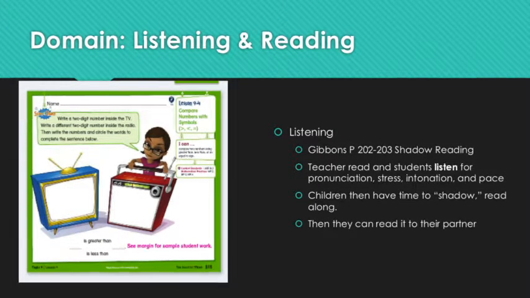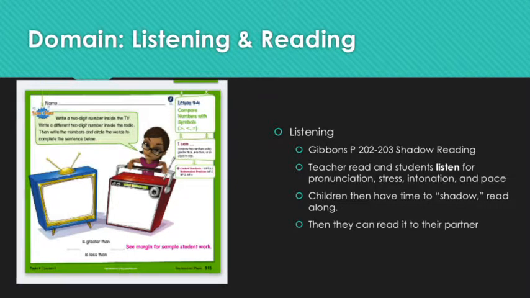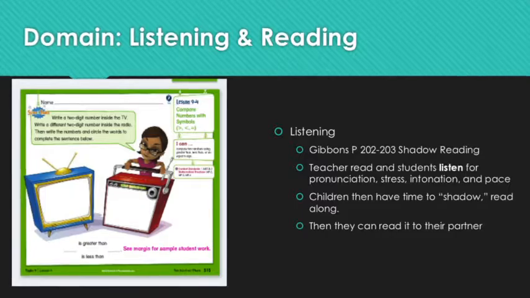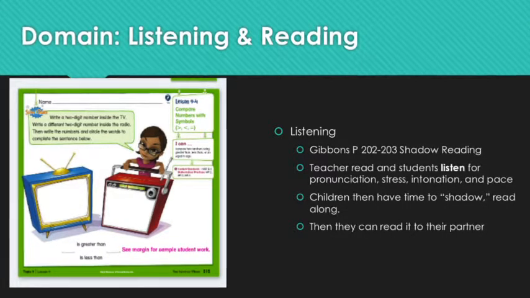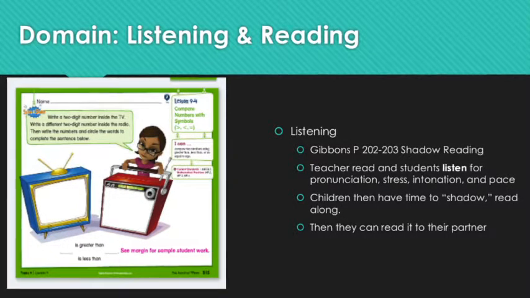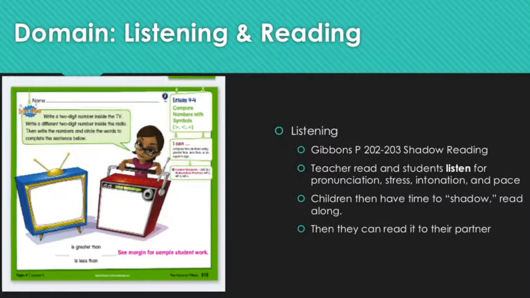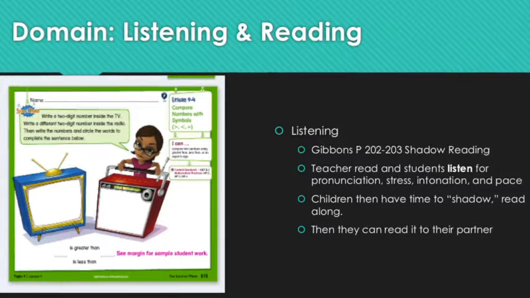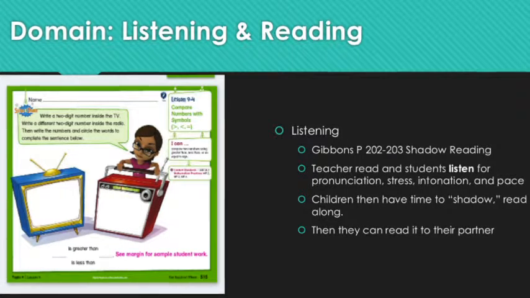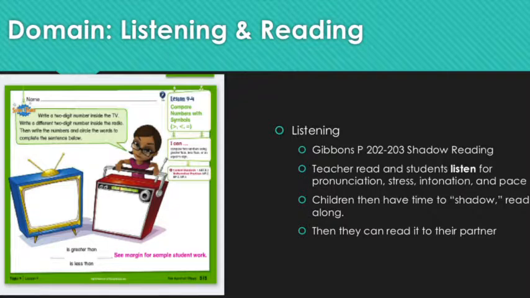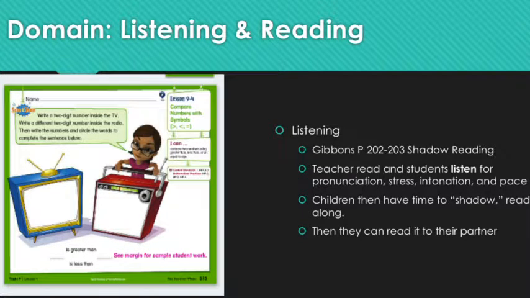And once I would read it, then I would have the children follow along with me, and I would be shadow reading, and they would also listen for the pronunciation, the stress and the intonation, and we would continue a good pace so that they can follow along with me easily. And once they were done following along with me, shadow reading, then they would go ahead and read with their partner, and then solve together the problem.